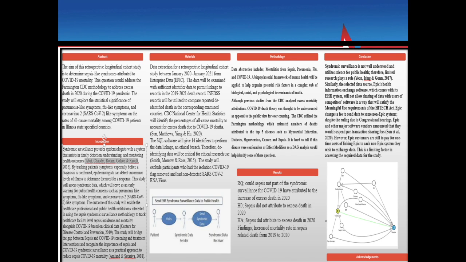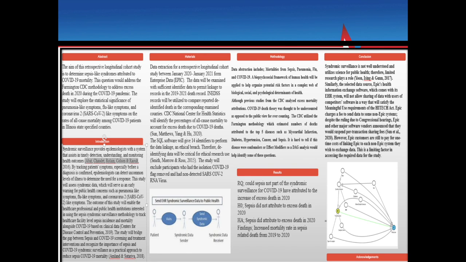We do know that sepsis also increased during the COVID-19 pandemic; if we look at the 2019 data, it increased about 20%. So why aren't we adding sepsis-like syndrome into the variables?